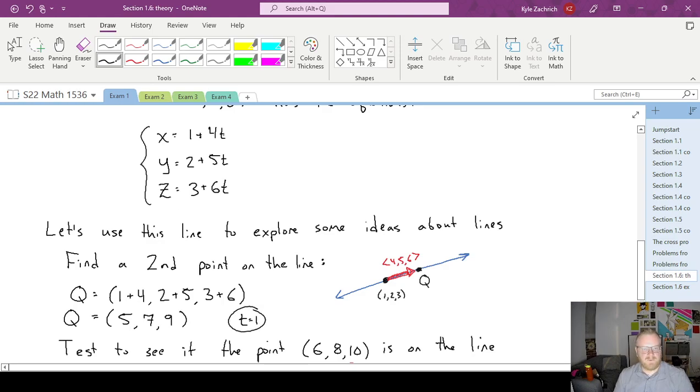Right? 1 plus 4 times 1, 2 plus 5 times 1, 3 plus 6 times 1. We could have picked some value and say t equals -3. That would be a point maybe over here. Right? Still on the line.